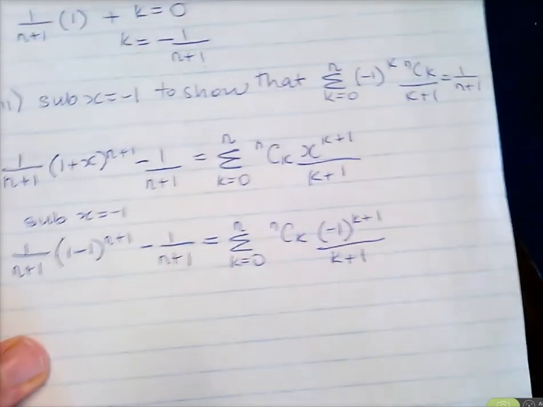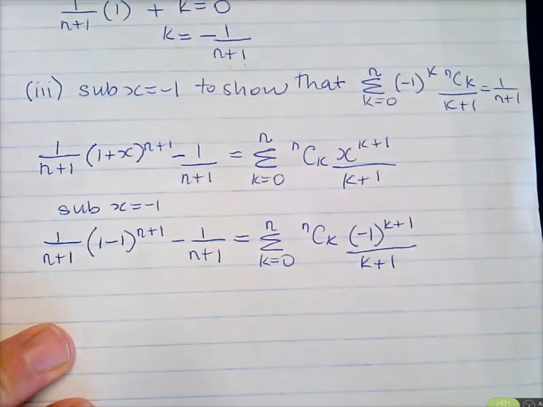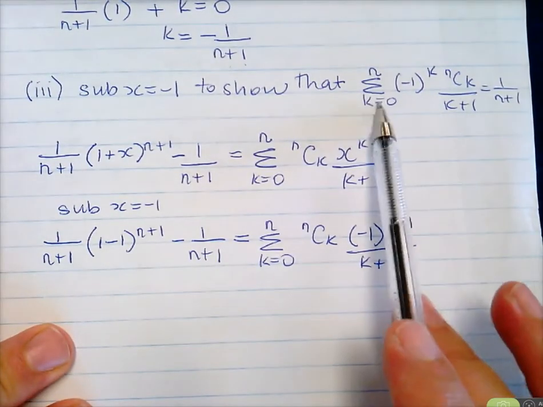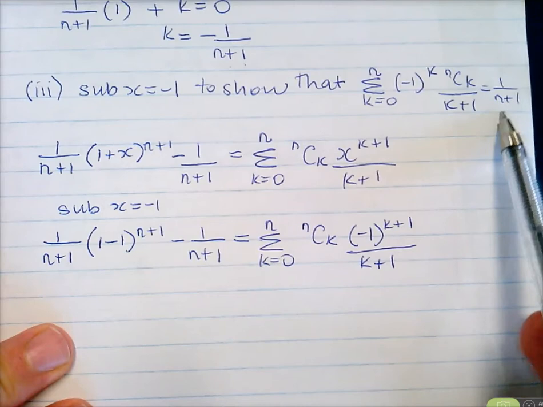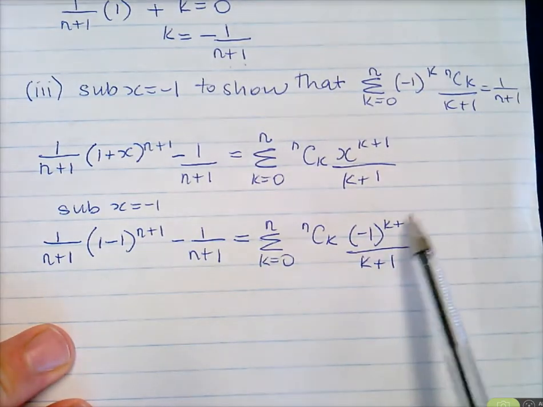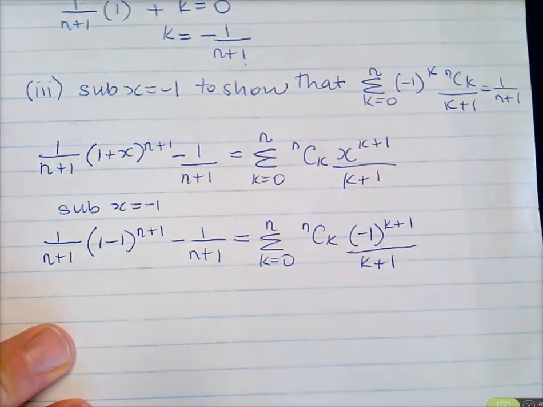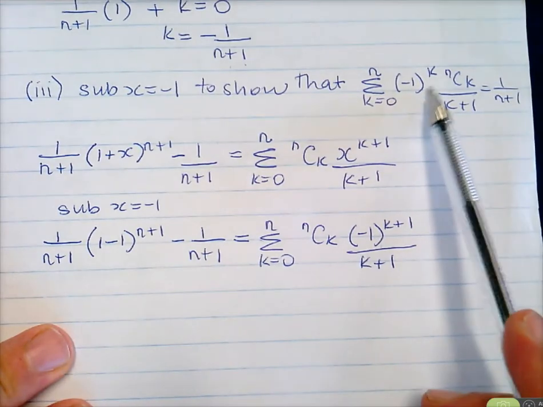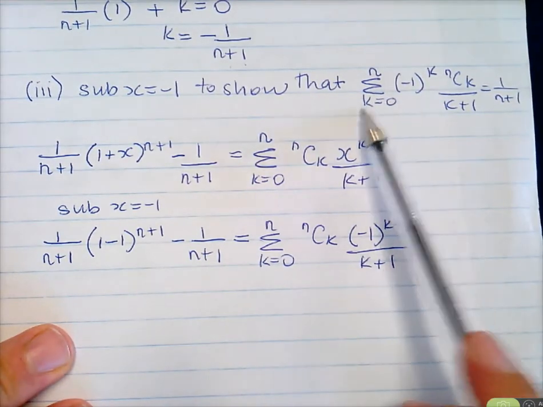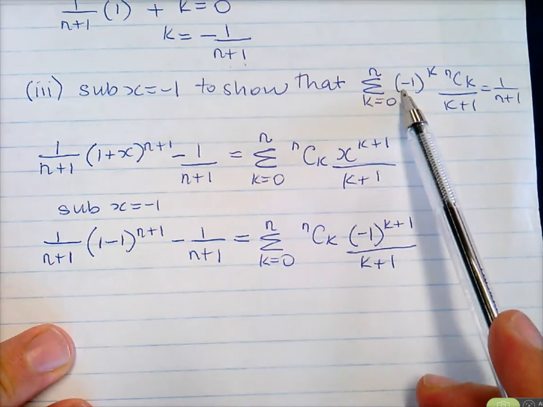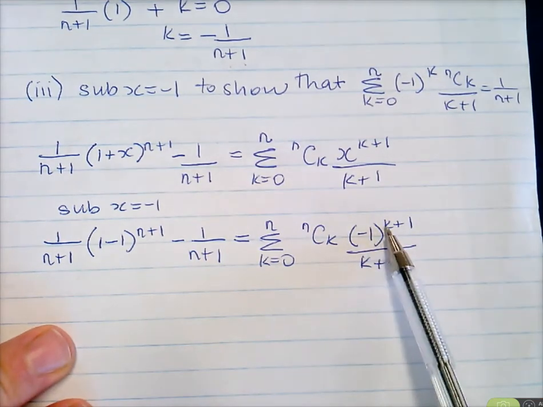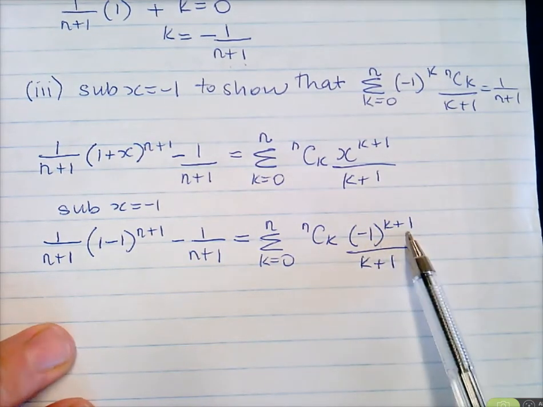Do you see what I've done? I haven't done it into the expanded version. Because I'm looking at this result, I'm thinking I should be able to just do it in here. But look what I'm trying to get. I've got the sum from k is 0 to n of (-1) to the k. Here I've got (-1) to the k plus 1, so I'm going to have to do something with that.